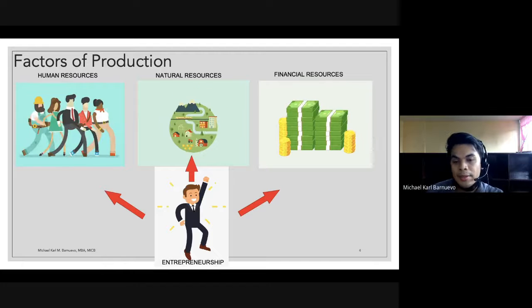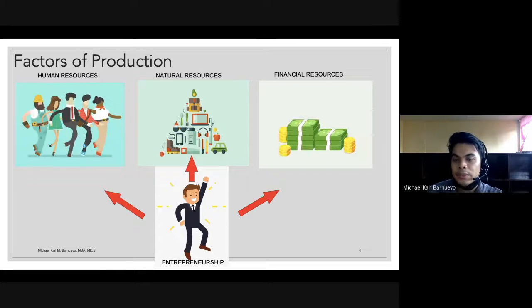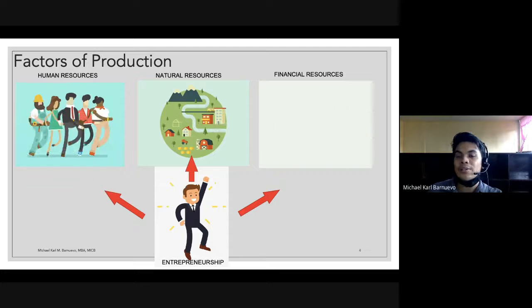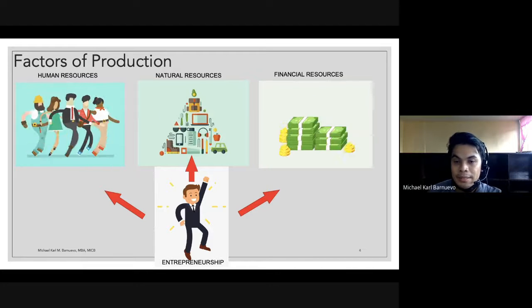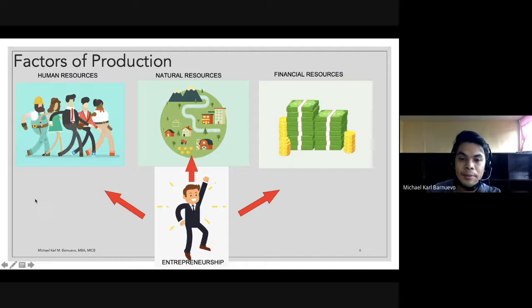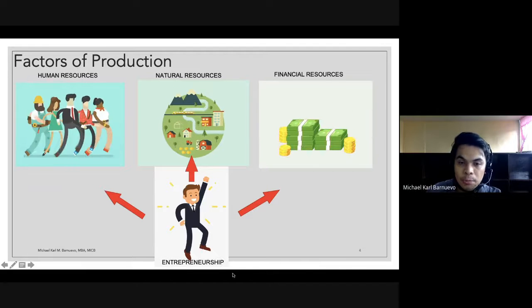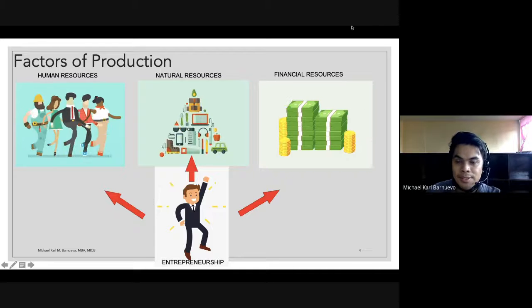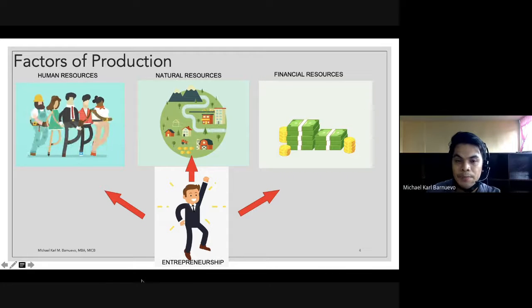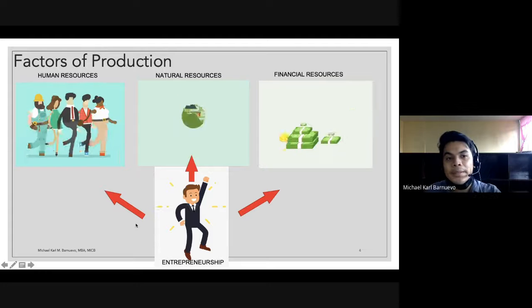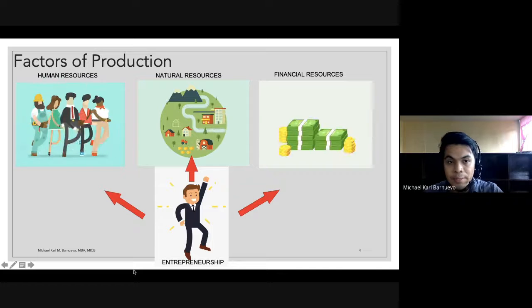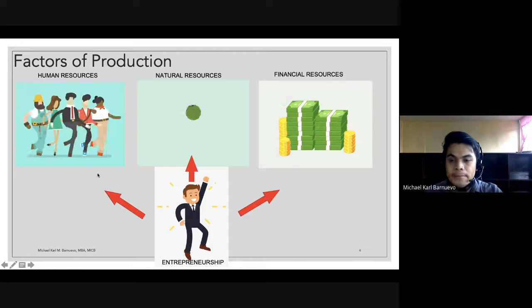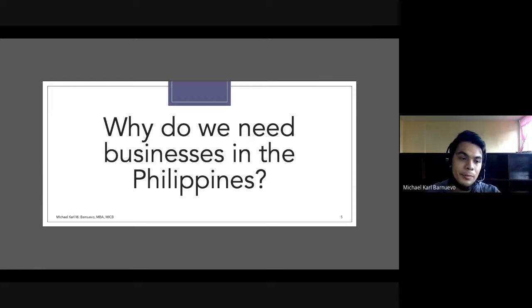But a bad entrepreneur can turn 1 million pesos into 100,000 in one day if it is not properly managed. Okay? I hope you get the idea. No? The entrepreneur will do the decision making in maximizing these resources. So your role, if one day you want to put up your business, your role as the business owner is very important. Okay?